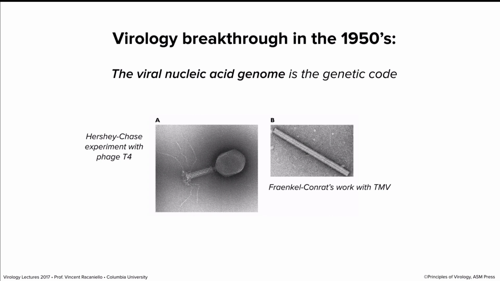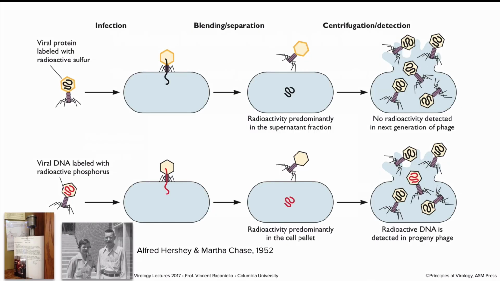So let's take a look at the Hershey-Chase experiment. Famous experiment, as I said, many people are taught early on in their science careers. And what Hershey and Chase did, so here's Al Hershey at the right in 1952, and Martha Chase was his lab assistant. He said, let's figure out if it's DNA or protein that's the genetic information of phages.